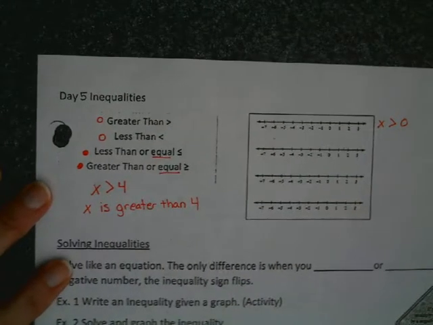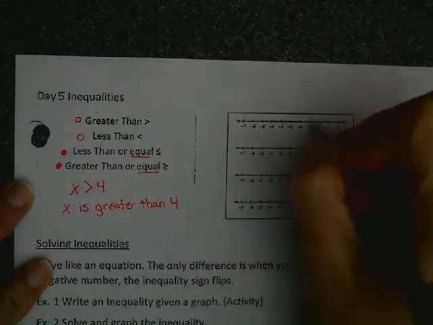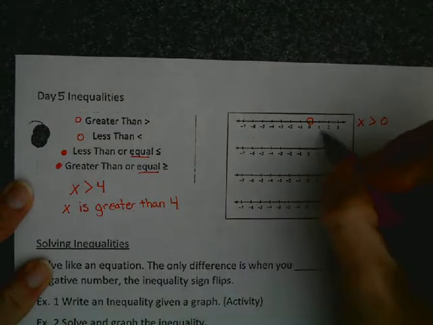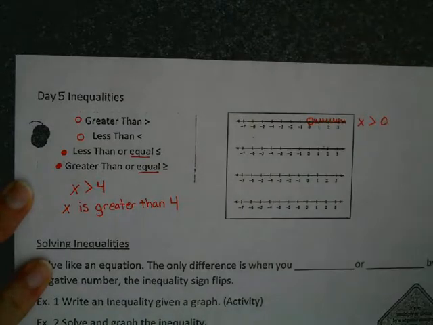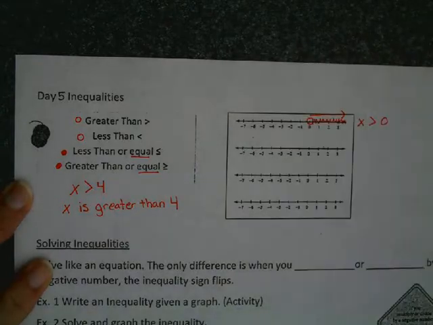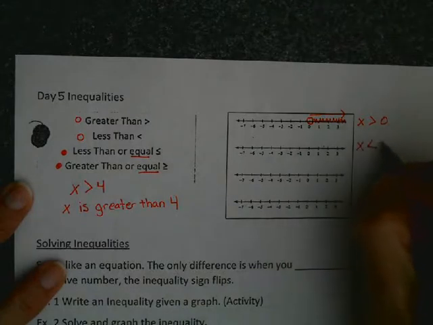So for x greater than 0, I'm going to put an open circle at 0, and greater than means the numbers 1, 2, 3, these numbers are greater. Some people shade lines like that. Some people draw an arrow from that point in that direction, but it should extend to the end of the line.